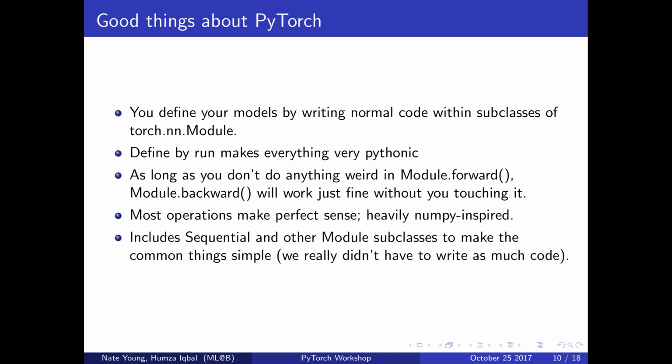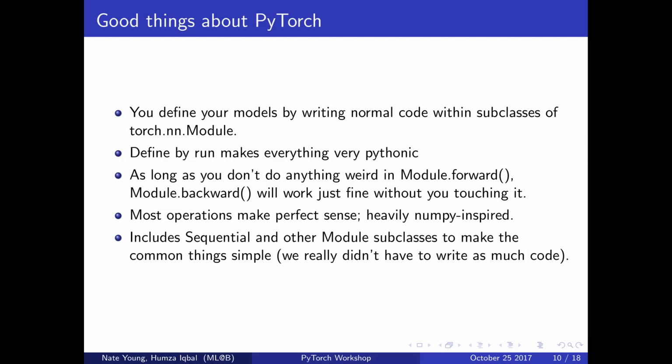So we wrote a lot of this code for the MNIST example, but in the past people switched from TensorFlow to Keras for the sequential class alone, and that's something that works well in PyTorch as well. There's a sequential class.